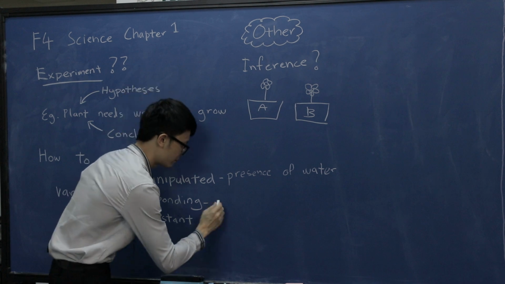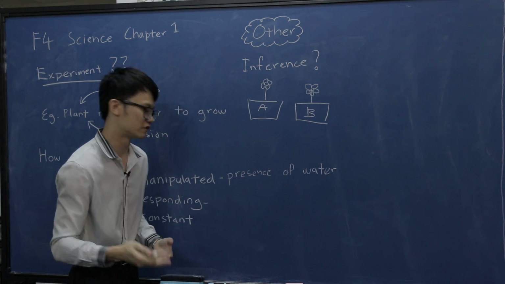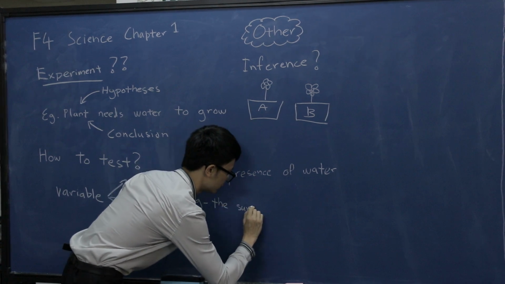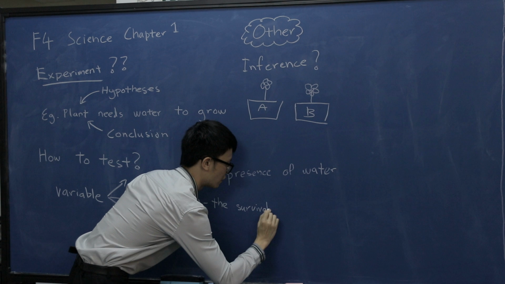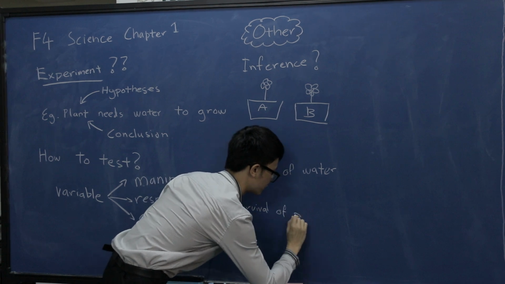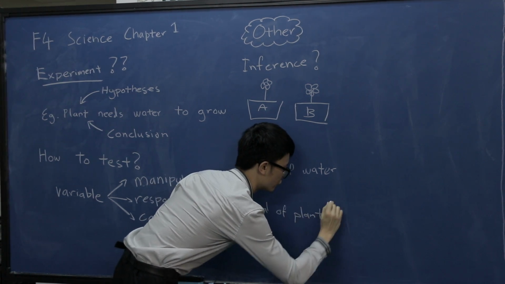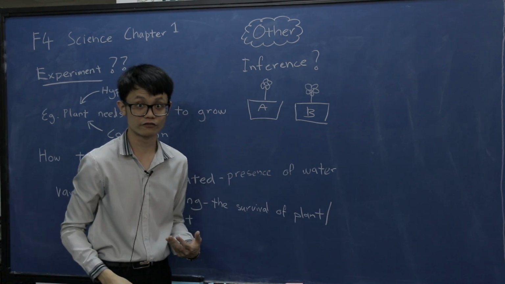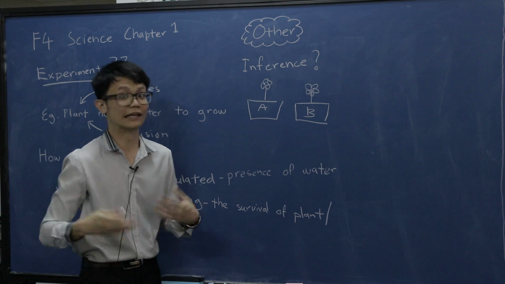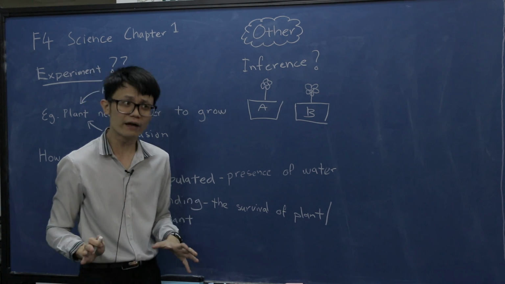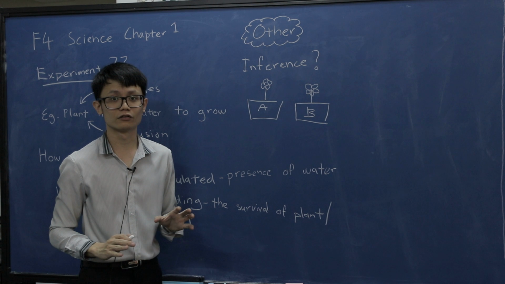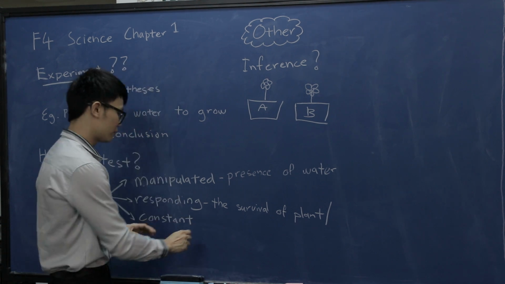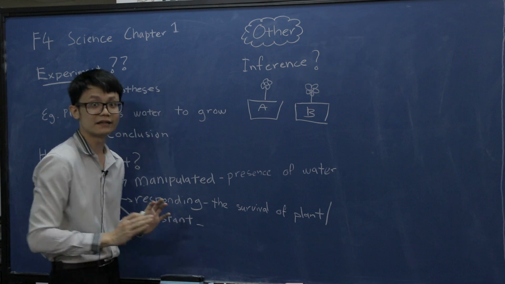So you can put either the survival of plant, or you can write the growth of plant, because if you don't have water, it won't grow as well. There are a few answers, and usually a good science teacher will accept a few answers. And the constant variable is the thing that you cannot change.